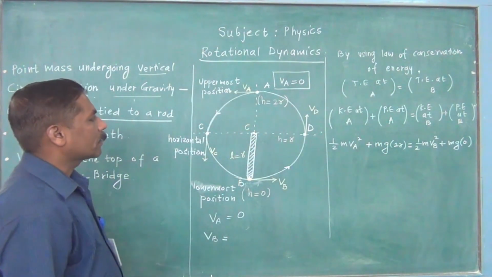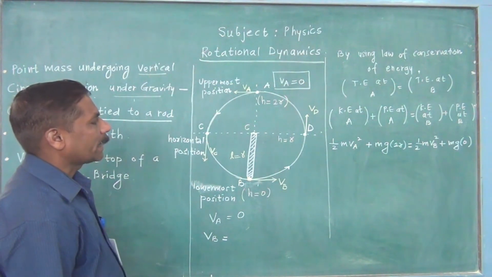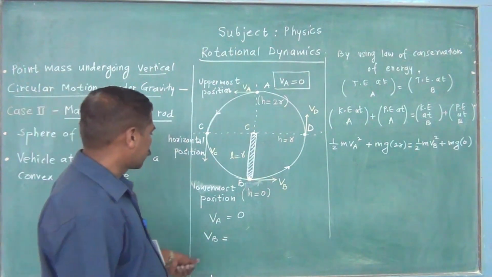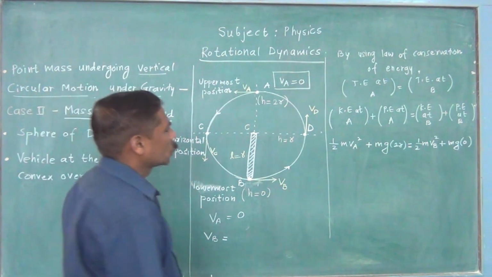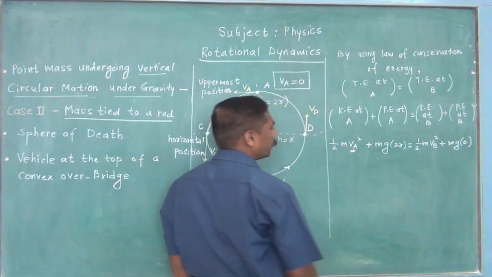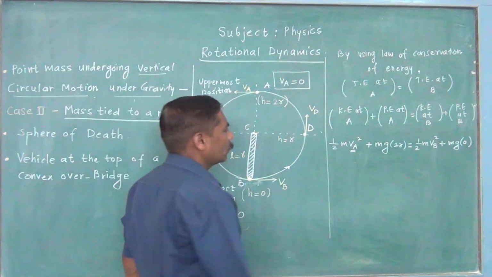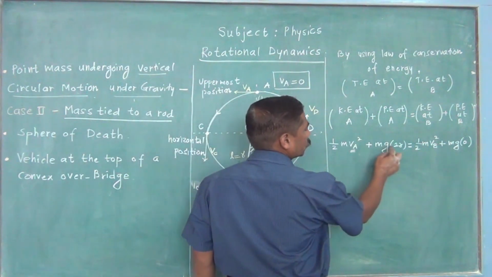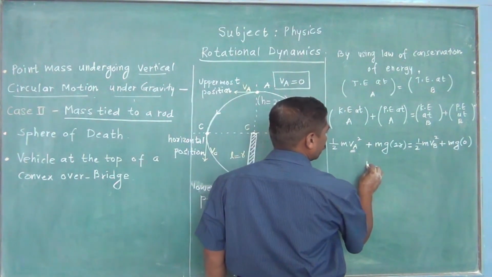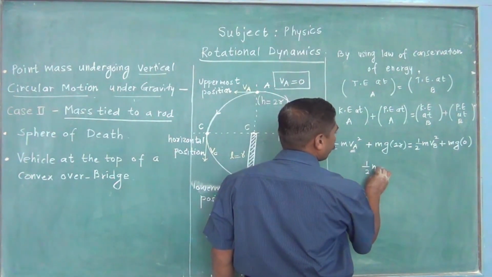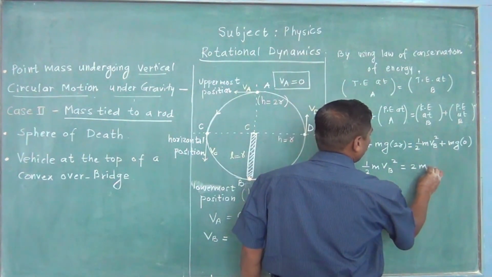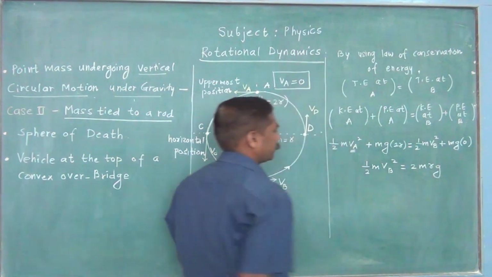So in this situation we want to find out this velocity vb. We know va is 0, so this will become 0, and this is also 0. So this equation will become half m vb square is equal to 2 times of mrg.